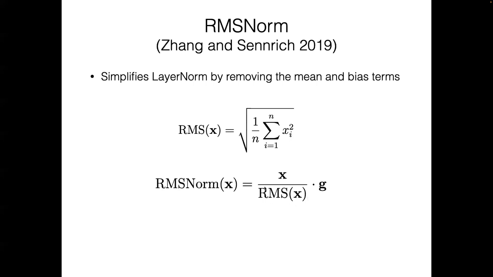Then it has this input dependent scaling based on this root mean squared. That's where the RMS comes from. So the general takeaway was that people got similar empirical performance with this, and it's a bit simpler. So it's also common to use RMS norm instead of the layer norm.